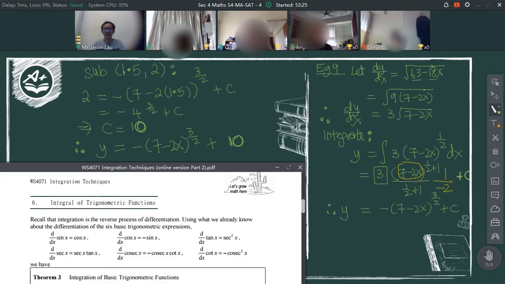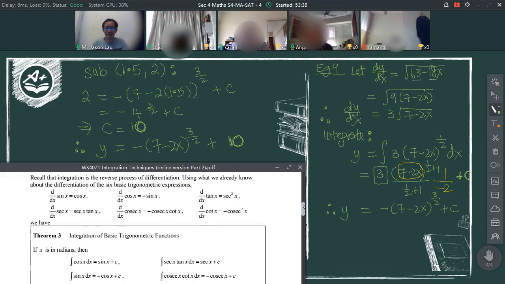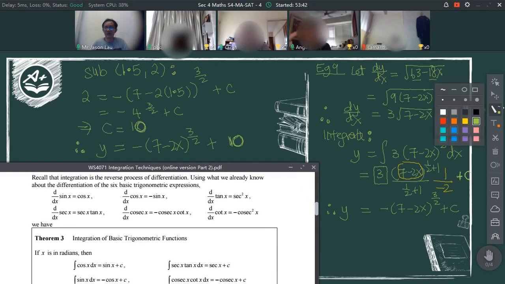Yeah, then after that, we do integration of trig. Okay. Yeah, recall differentiation. Differentiate sine is cosine. Differentiate cosine is negative sine. Differentiate tangent is secant squared.